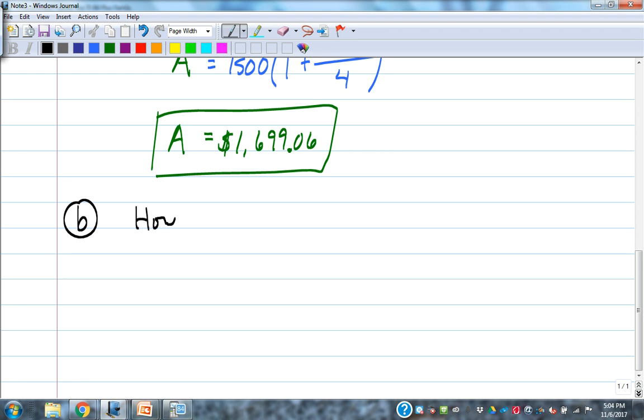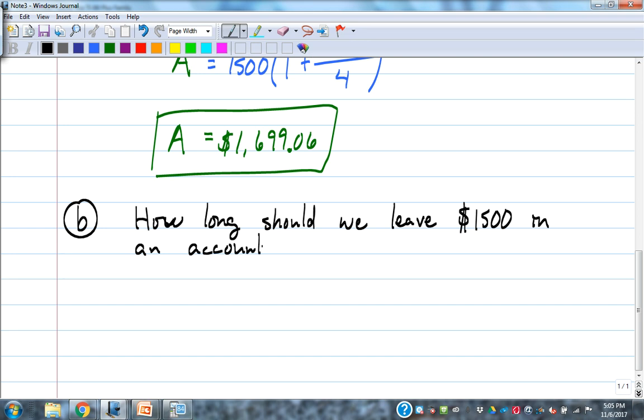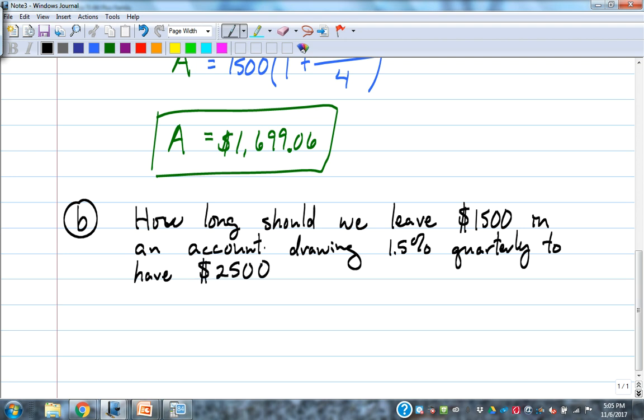So how long should we leave our $1,500 in an account drawing 1.5% quarterly to have $2,500 at the end?